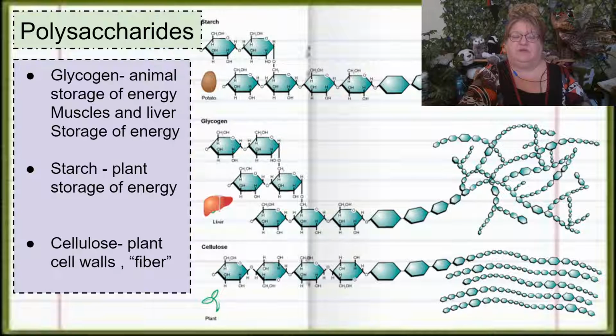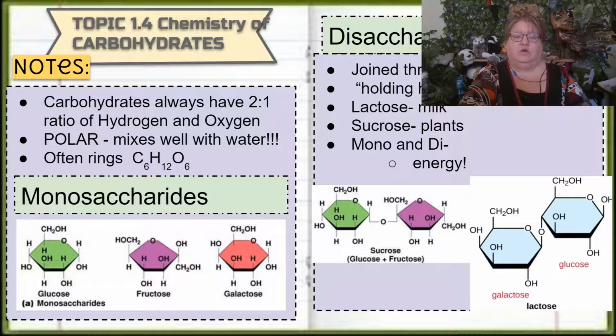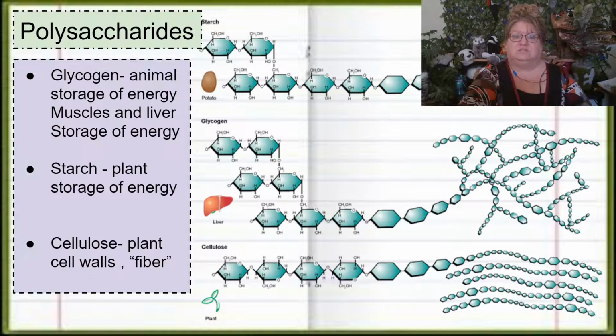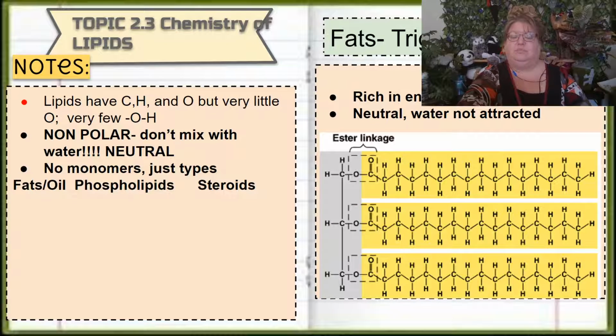Notice if I swing back, all of those oxygens in those monosaccharides, a lot of oxygen, 2-to-1. But if I go to that big triglyceride here, there's no oxygen at all, except for right here. In this long chain, there's no oxygen.